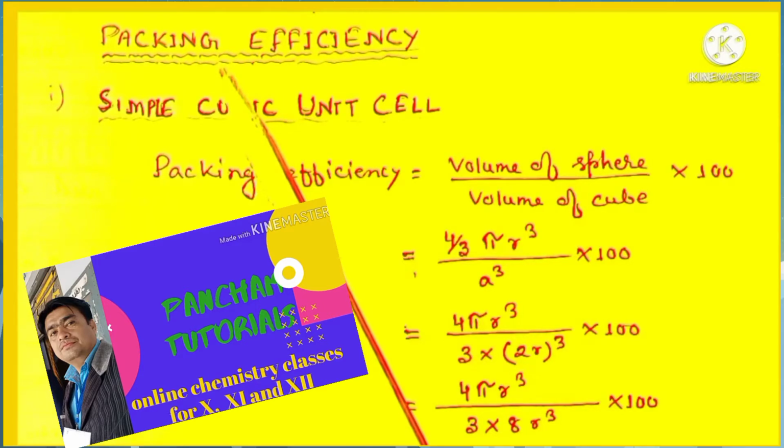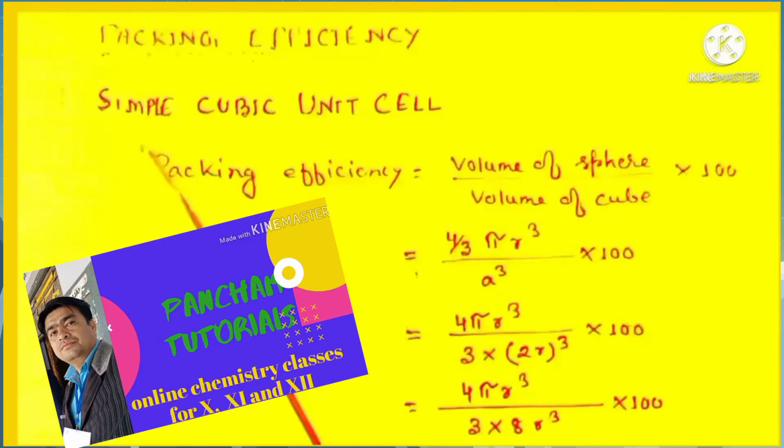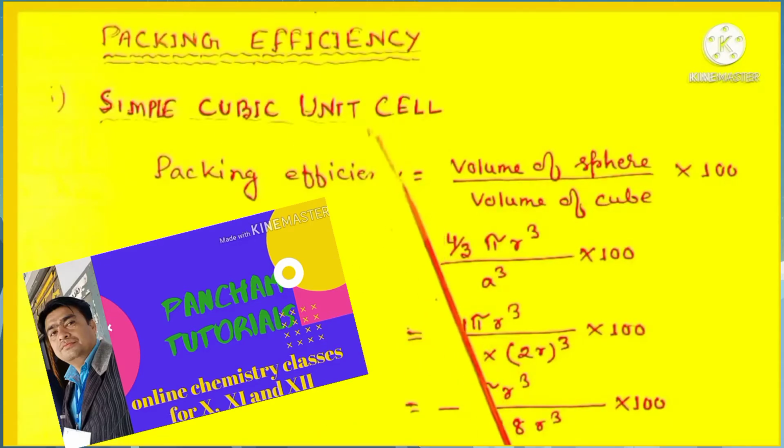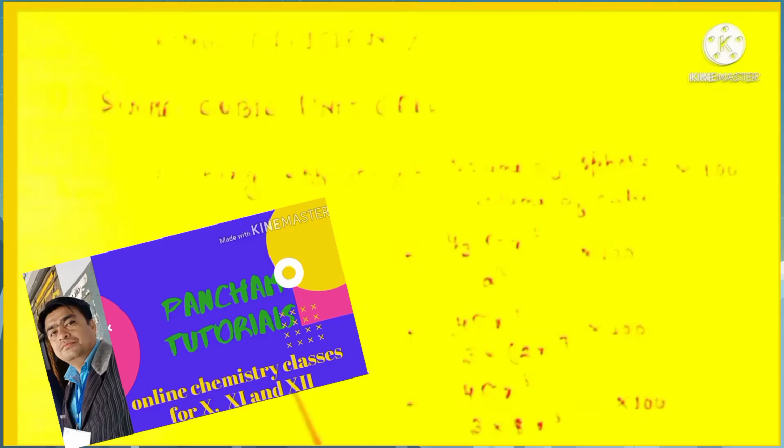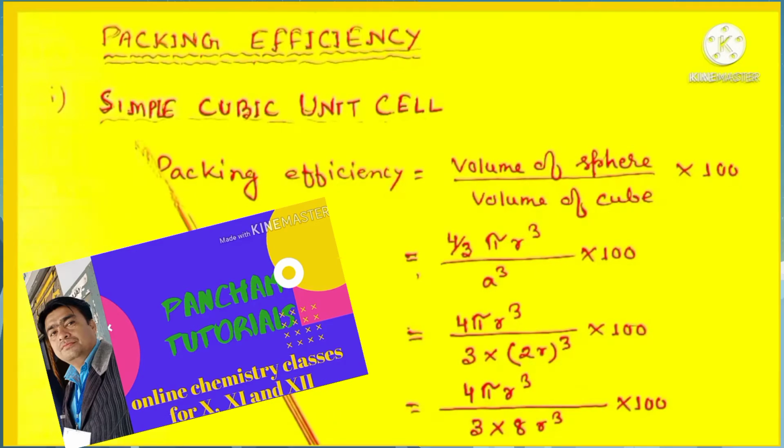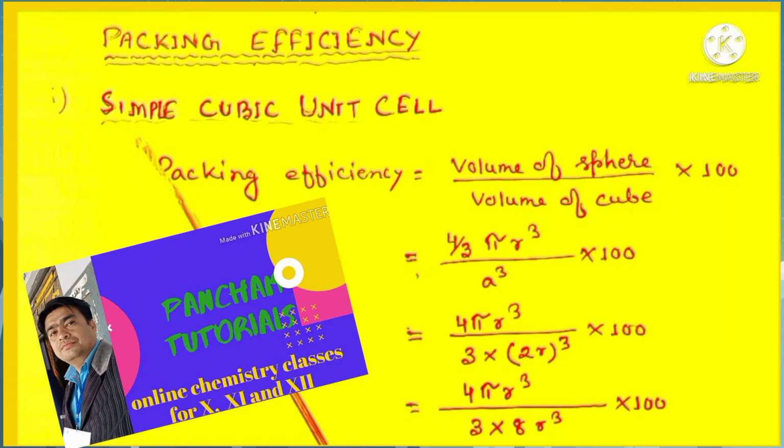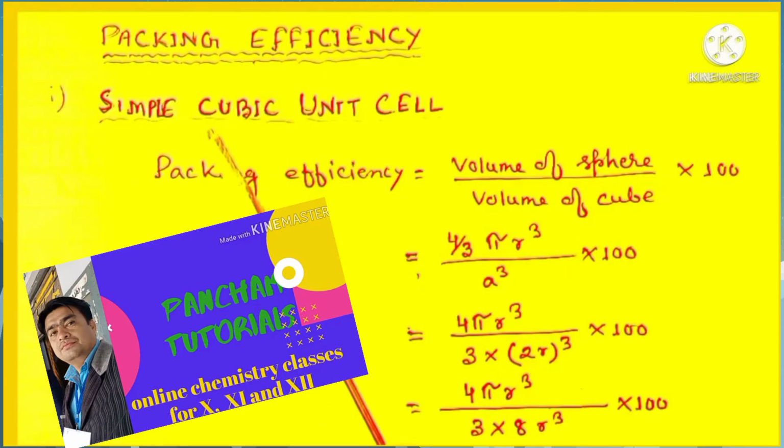Now let us calculate the packing efficiency in different types of unit cell. First, in simple cubic unit cell. So in order to calculate the packing efficiency in simple cubic unit cell, two things we must keep in our mind, that is the relation between edge length and radius of the sphere, and that is A is equal to twice R. Another point is how many atoms are there in simple cubic unit cell.